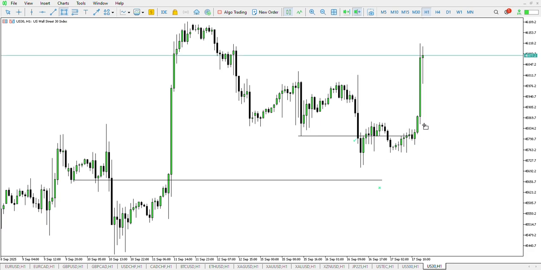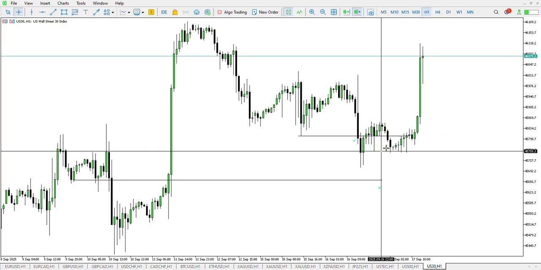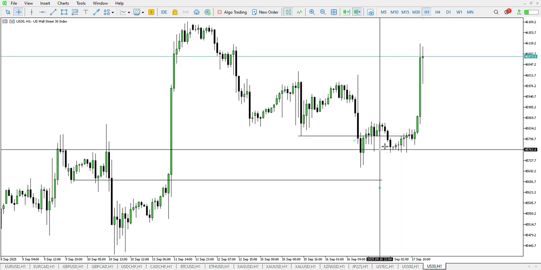Although it's unlikely, I would like to see the price, is this a valid level to place my entry? Yes, it is.